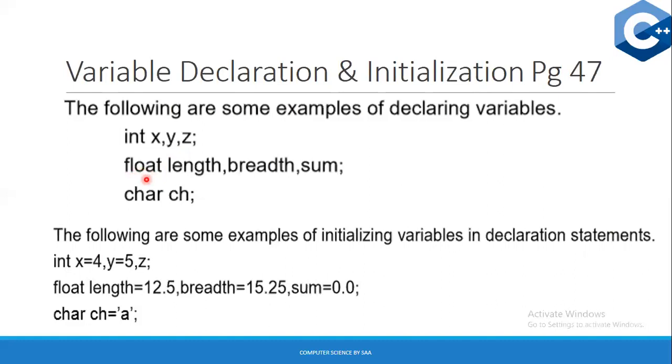So here is another example: float length, breadth, and sum. And the third variable type is character, and the variable name is ch. So in this step we have declared the variables.